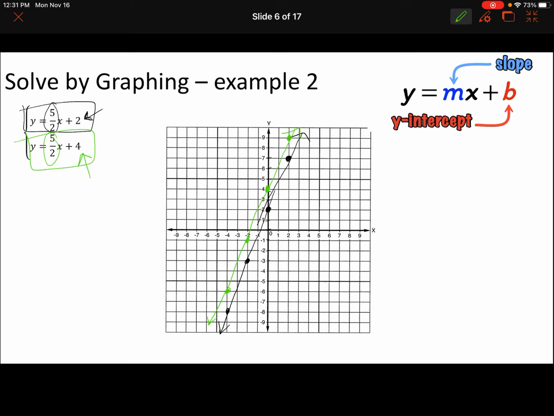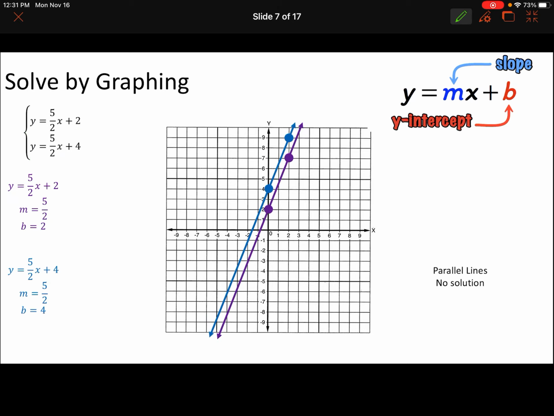Now, if you remember working with linear equations last year and the year before, anytime you have two lines that have the same slope, they are going to be parallel to each other. And if they start at different places, then they're parallel and not right on top of each other. So this is a case where we'd have no solution because they never cross.